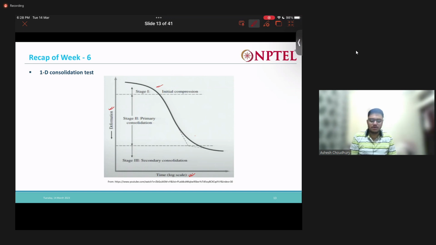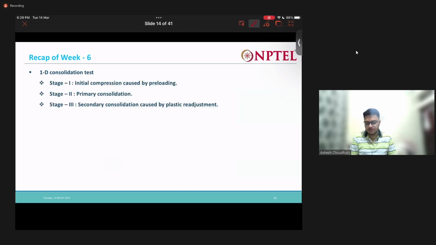That is my primary consolidation. After the primary consolidation, there is some plastic rearrangement of the grains, which is known as my secondary consolidation. So the initial compression is because of preloading, then I have my primary consolidation, and then my plastic readjustment, which causes the secondary consolidation.